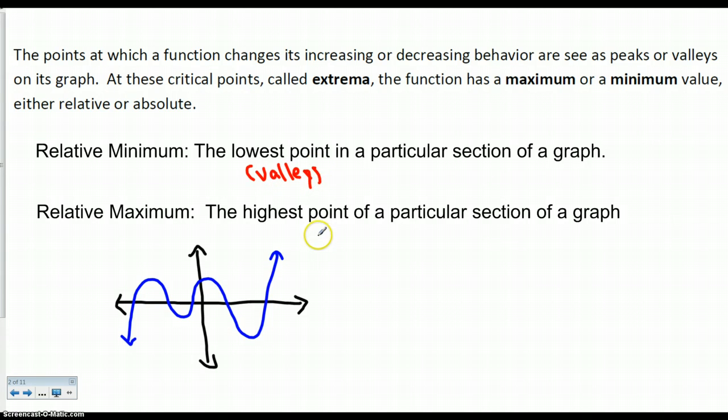And then relative maximums are considered to be peaks on my graph. So when I look at this graph, it looks like there are two minimums, and right now I would consider them to be relative mins. And then there are two maximum points, and I could say that they are relative maxes right now.